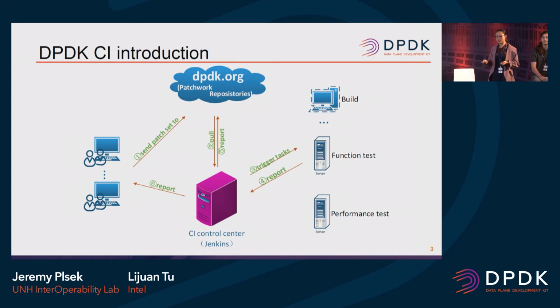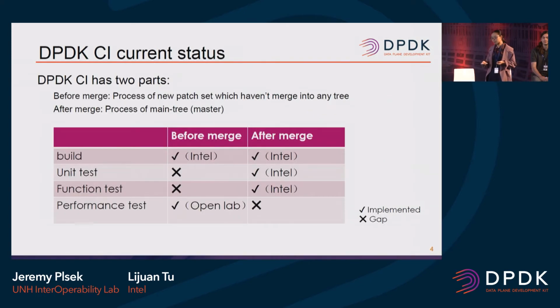Then I will update the current status. From the table, you can see what we have implemented and what we don't have yet. The text in the table is what we have implemented. In the before merge part, we currently have the build test, and in the Intel lab we have the performance test.